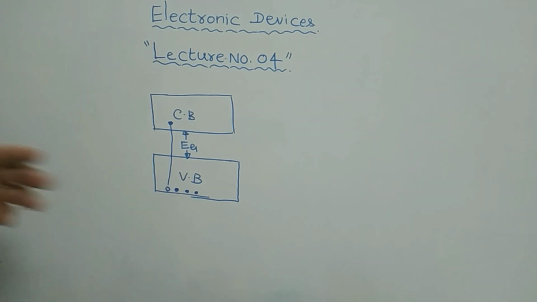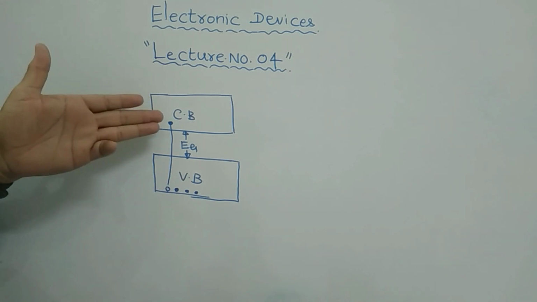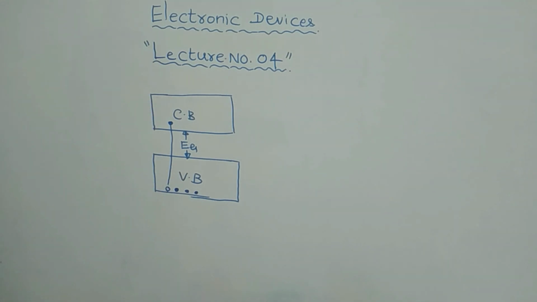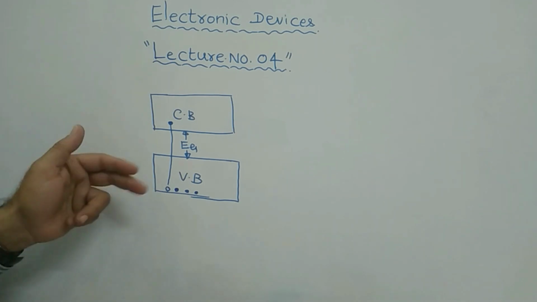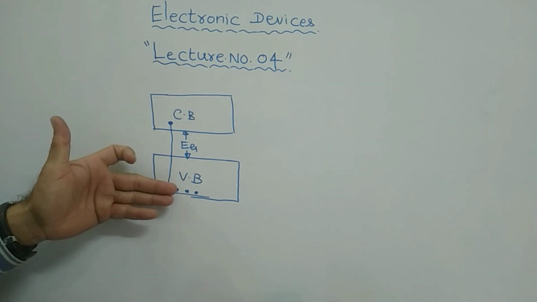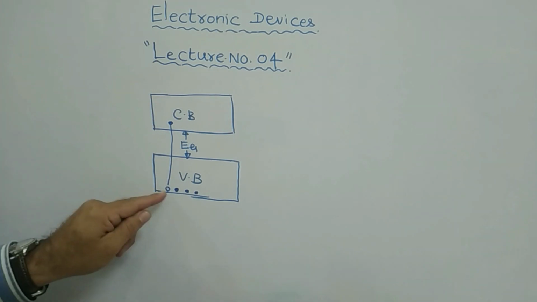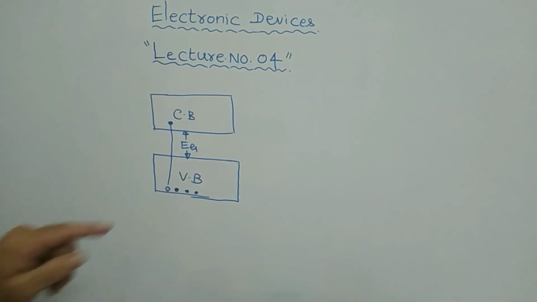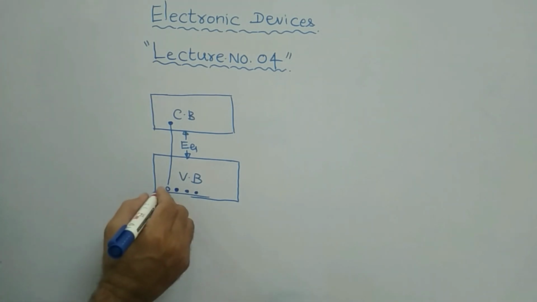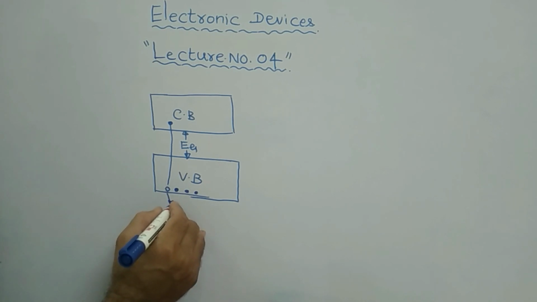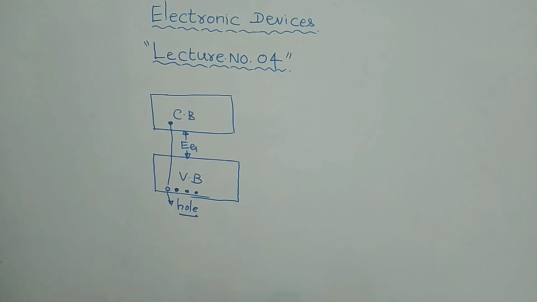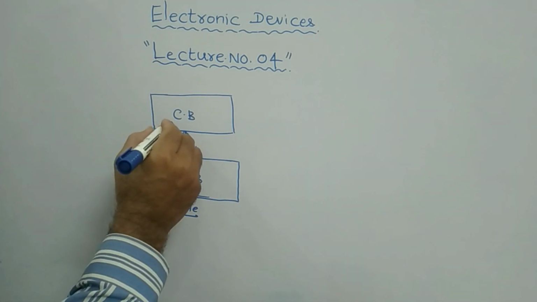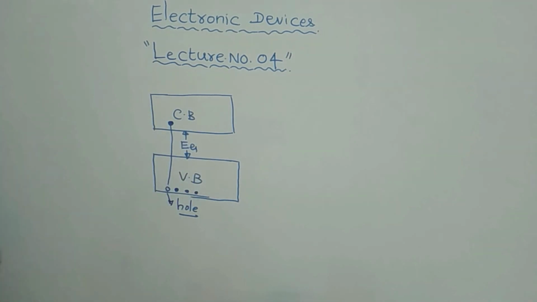Whenever an electron moves from here to the conduction band, you will get an empty space there, meaning the absence of an electron. Since the electron has already moved from the valence band to the conduction band, you will have an empty space there in the form of a circle. This empty space is called a hole. The thicker one represents the presence of an electron.